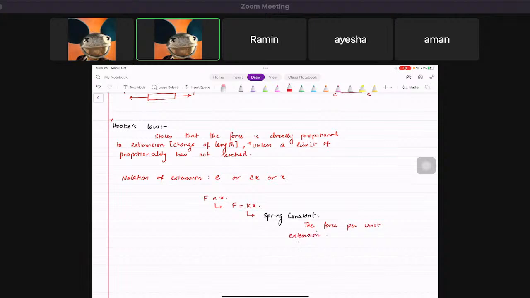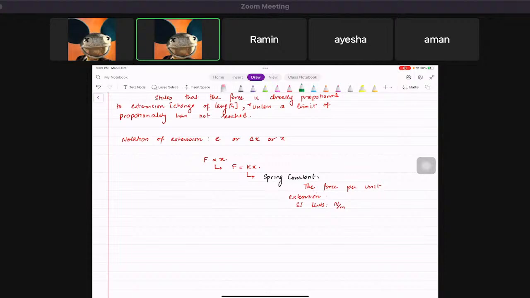So the SI unit of spring constant is Newton per meter, and the most important thing about this is that it depicts how stiff a material is, which means that if the value of K of a certain material is higher, you will have to put a lot more force to extend it by the same amount compared to another material which has a lower spring constant.